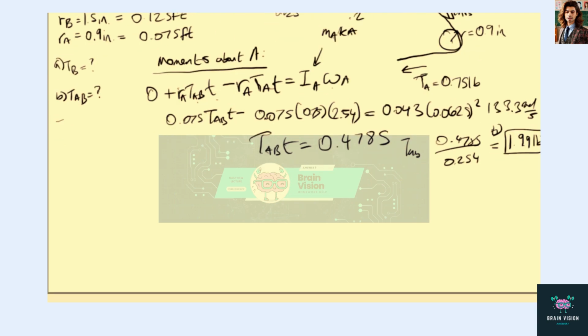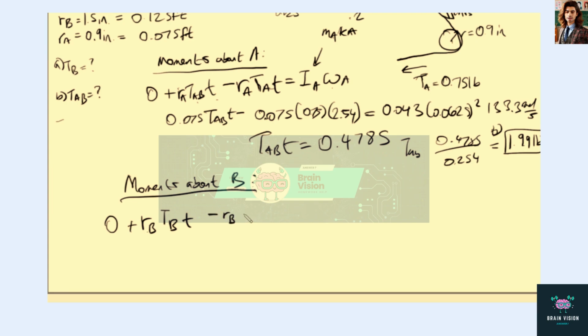Now let's look at the moments about B. This one also starts from an angular velocity of 0, so it has an angular momentum of 0 to begin with. It has an impulse created by the tension force TB times T at a distance RB.